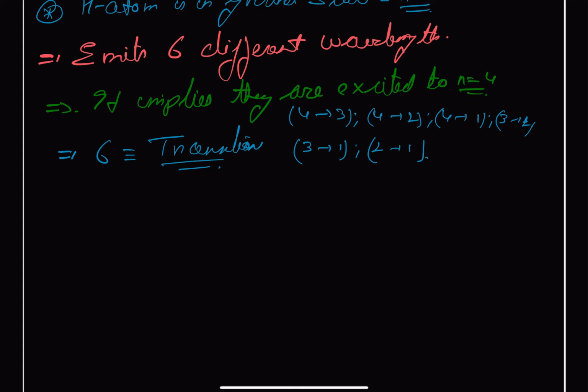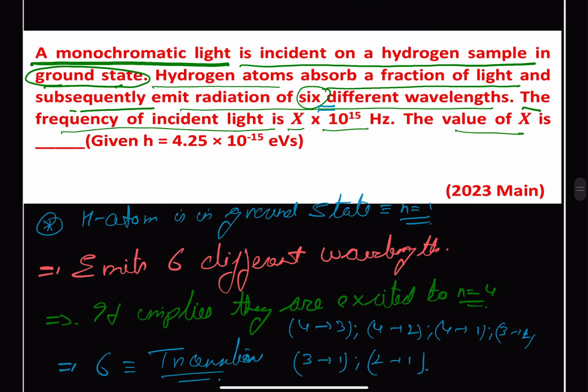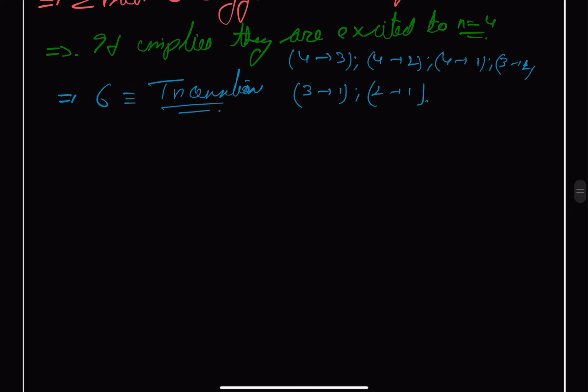From here we can draw one important conclusion: the incident light has sufficient energy to excite the atom from n1 to n4, at least the minimum energy that is present with our incident photon.